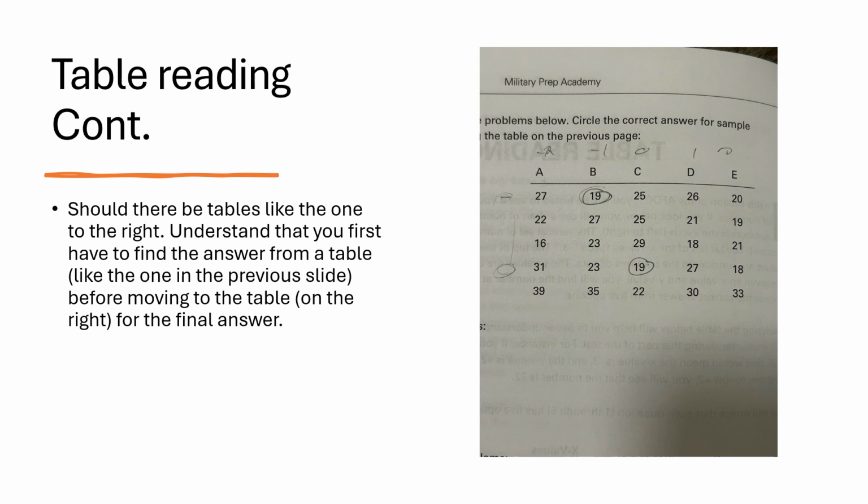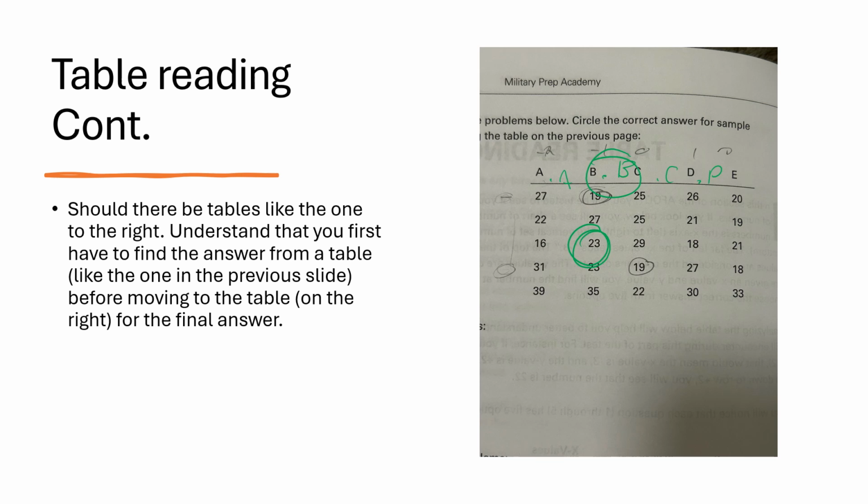So if we found 23 on the last slide, you would use that number and find it in this table, because your answers would be like this. So then they'd be like, okay, well, what's the answer? And then you'd be like, oh, the answer is B, because it's in the row B. This is usually not really done. You literally just use that first table and you just breeze through it.